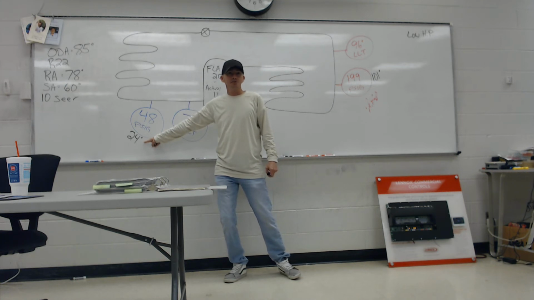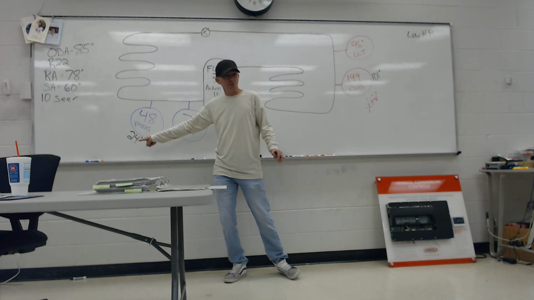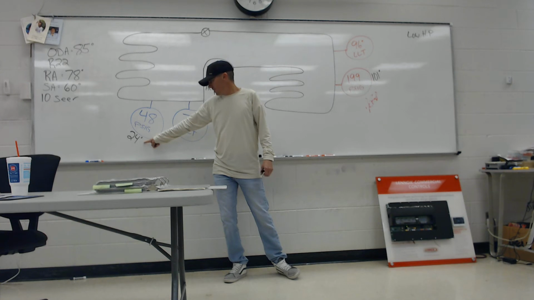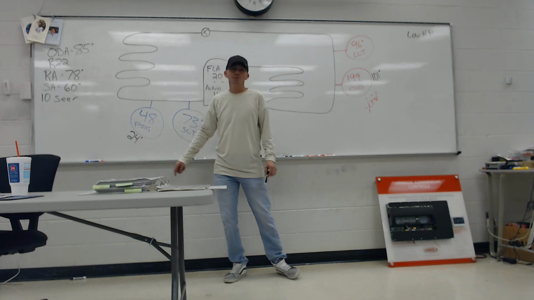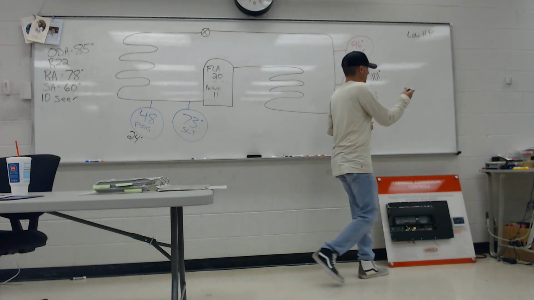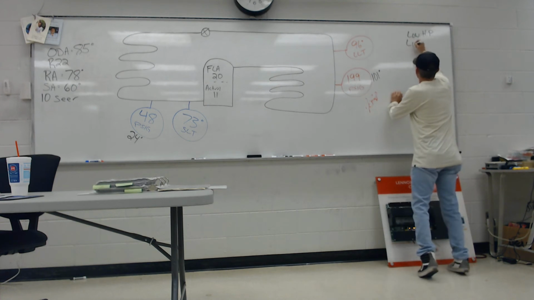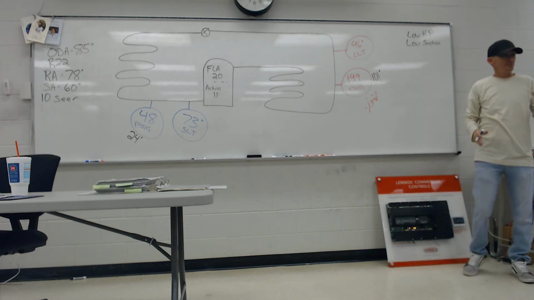What can you say about the suction pressure? Low. I needed 48 degrees roughly, and I got 24. So I have low suction pressure. Head pressure's down, suction pressure's down.